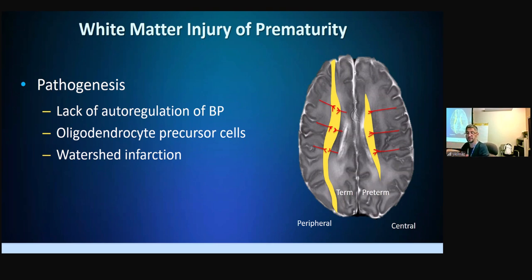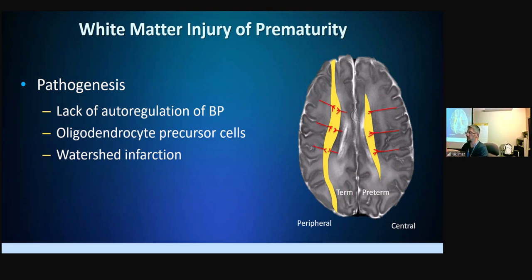But the better explanation is oligodendrocyte precursor cells. They are the precursor cells of oligodendrocytes that produce myelin. These precursor cells are located in the periventricular regions in the preterm infant, and they are extremely vulnerable to blood pressure changes and ischemia.